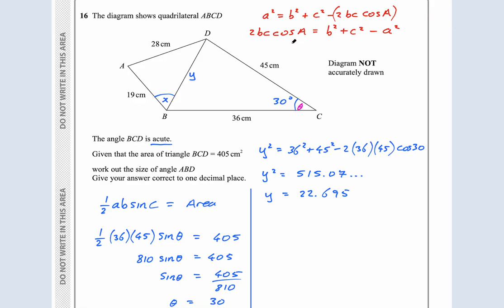And then finally, I'm just going to divide by 2bc. Cos A equals b squared plus c squared minus a squared all over 2bc.